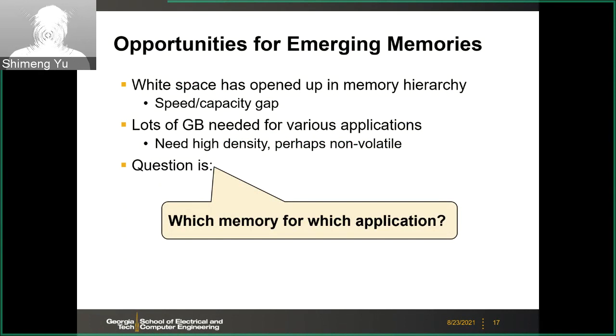There will be no bottleneck, basically. Then the question is which memory for which application? There are so many emerging technologies under research and development.